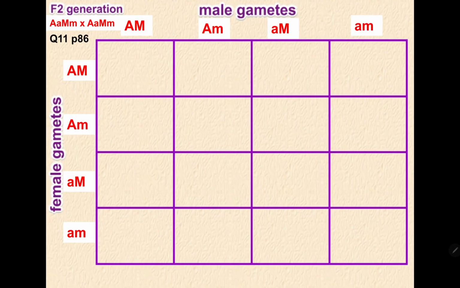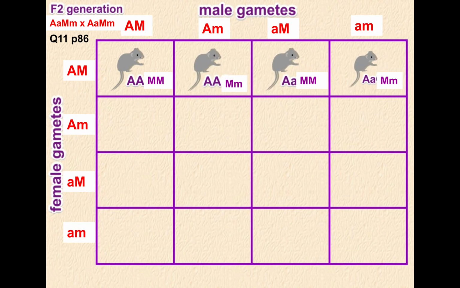Now in the second generation, we're crossing two grey mice, just like we've seen from the previous slide. So when we click through them, we get the following outcome.